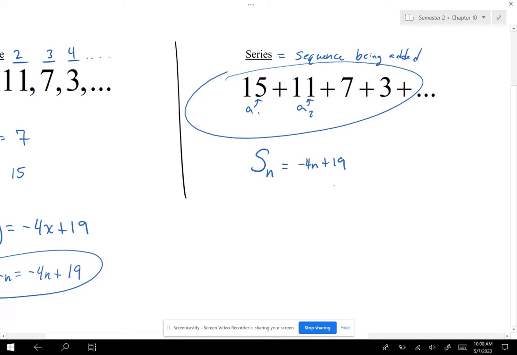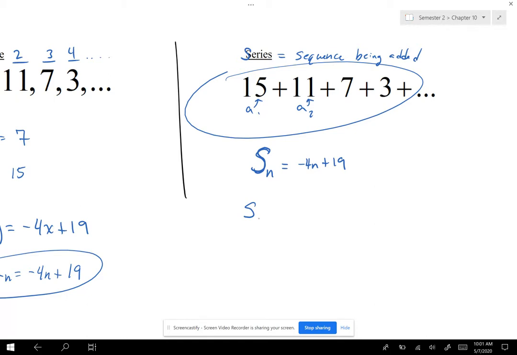And we're not going to see this too often. What you're going to see when they use the capital letter S for series is they're going to tell you just to find a specific sum of the first few n numbers of a pattern.